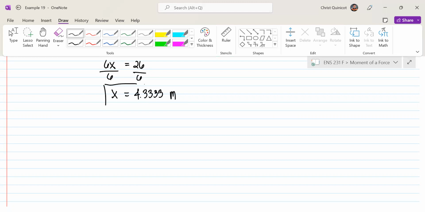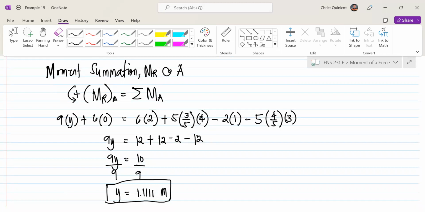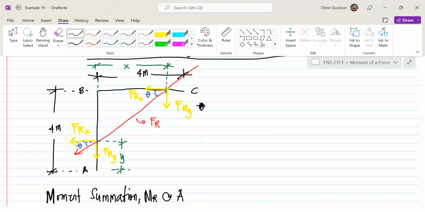So this is the distance from A, sorry, it should be the distance from B, where the line of action of our F sub R passes through boom BC.